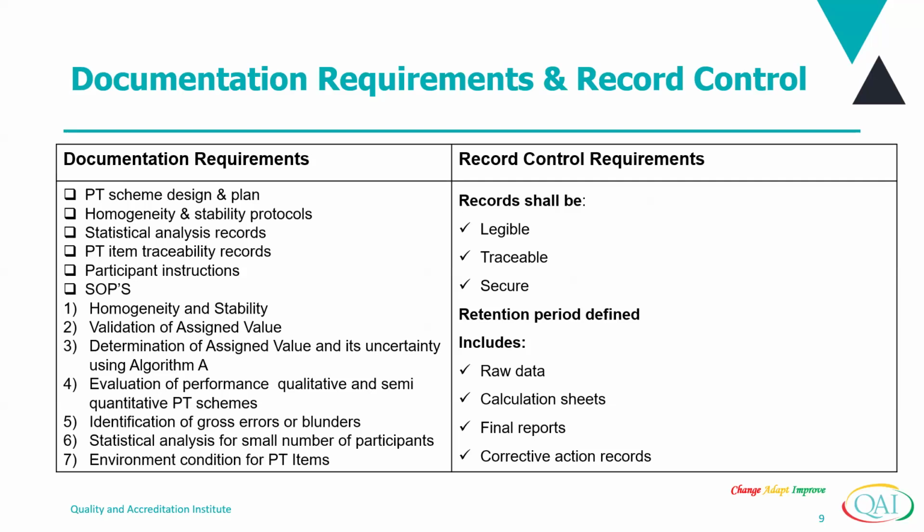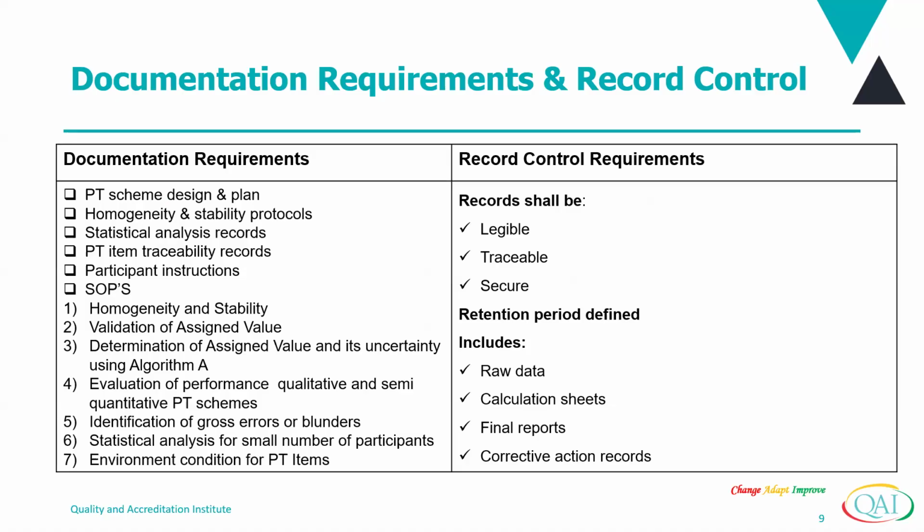Okay. So apart from the homogeneity and stability criteria and requirements, there are some critical documentation requirements from the ISO 17043 standard. As per the standard, these are some of the documents which are very important, which all PTPs have to take care of, like a PT scheme design, or we can say a PT plan. It could be a PT protocol also, depending on this.